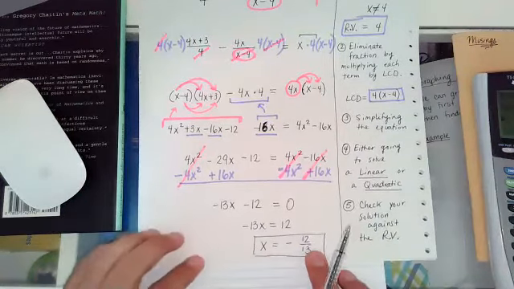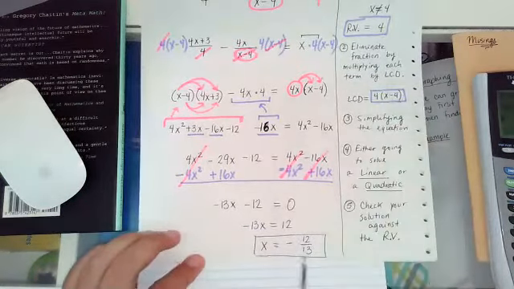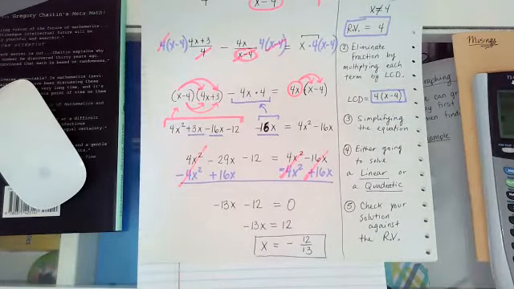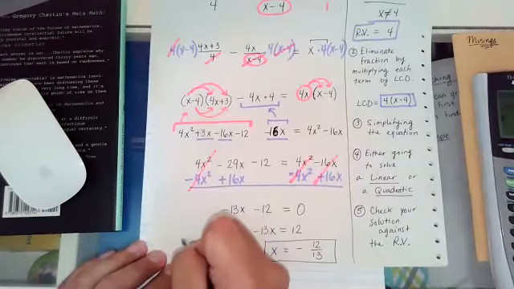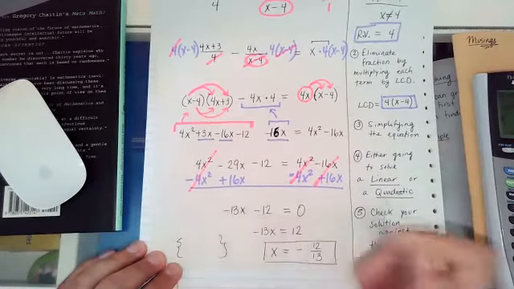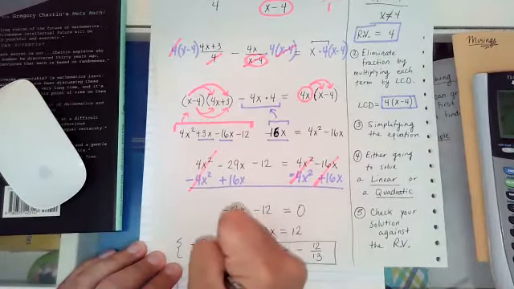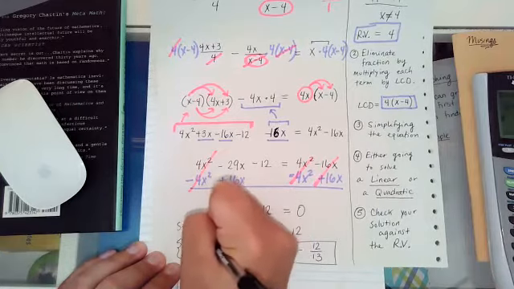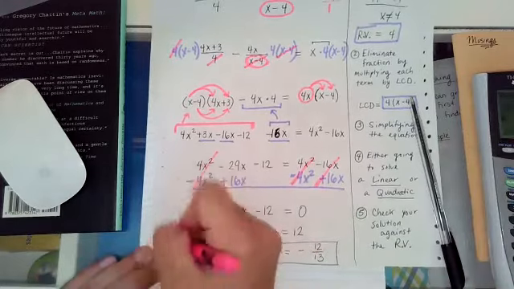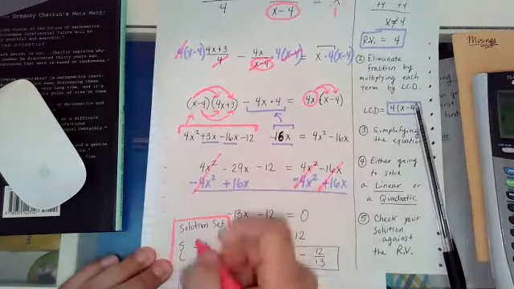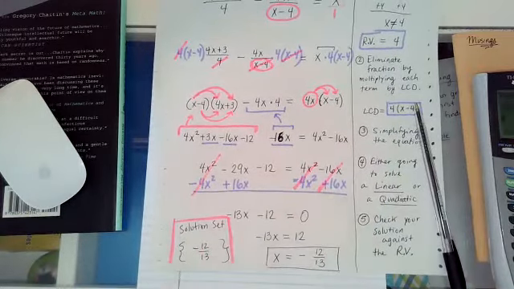And since our restricted value is 4, negative 12 over 13 is not 4. So this is going to be our solution set. You would put your solution set like negative 12 over 13. That's your solution set. So if they have you enter the solution as a solution set, you're just going to type in the number.